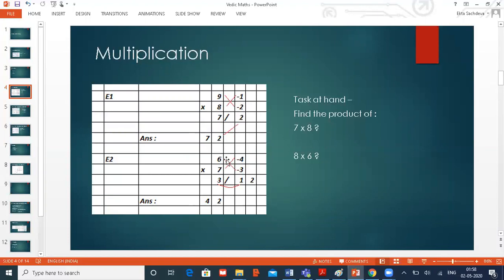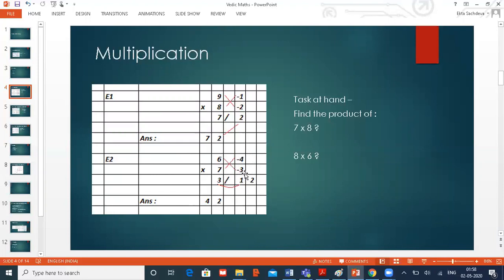Got it? Similarly, if I have to multiply 6 and 7, this is an example. We need to understand with full focus. So when I multiply 6 into 7, I know that my 6 is 4 less than 10 and my 7 is 3 less than 10.